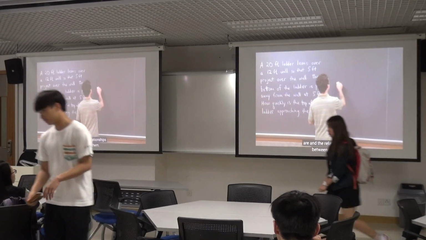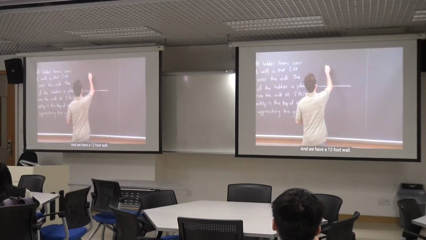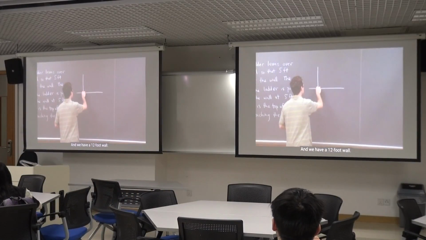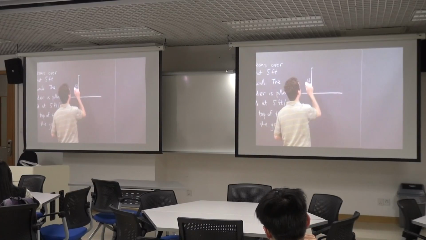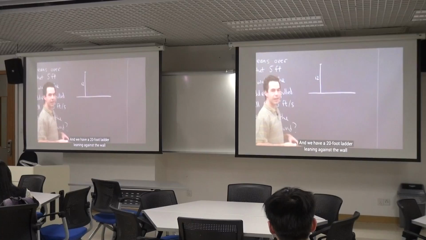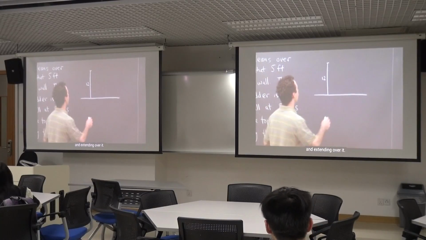So here's the ground, and we have a 12-foot wall. And we have a 20-foot ladder leaning against the wall and extending over it.